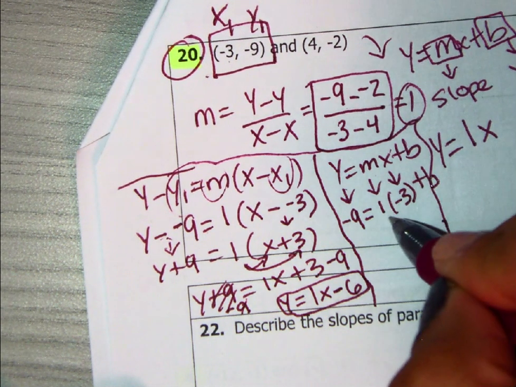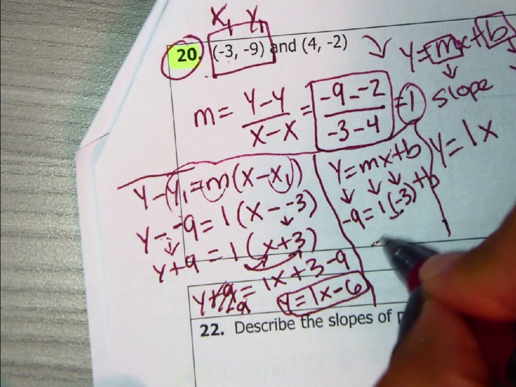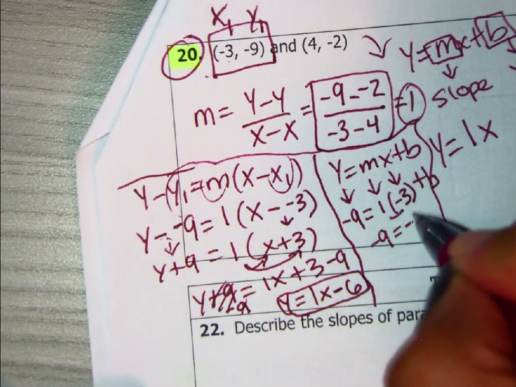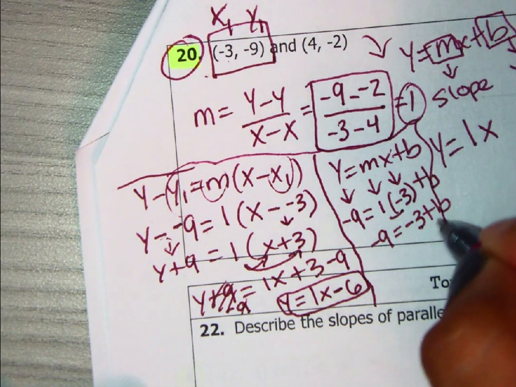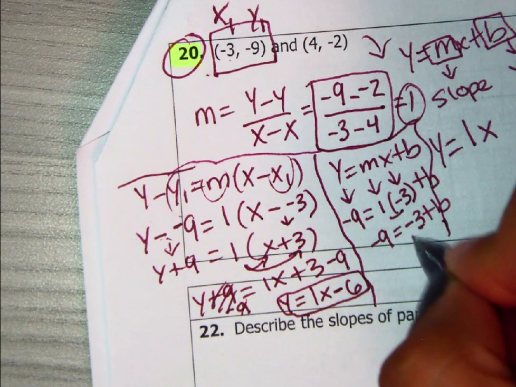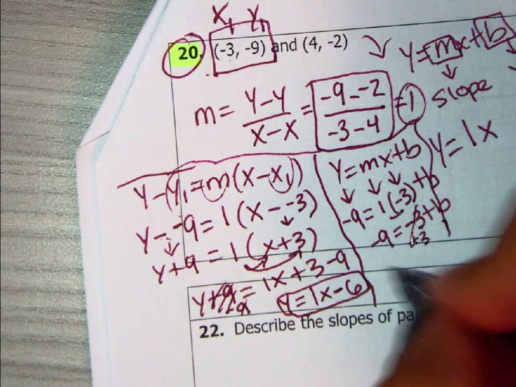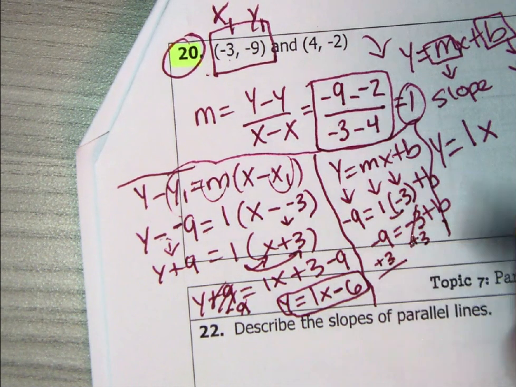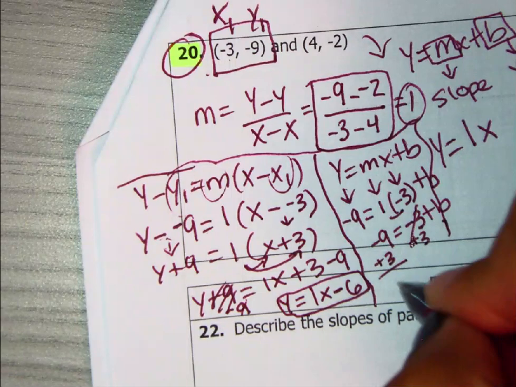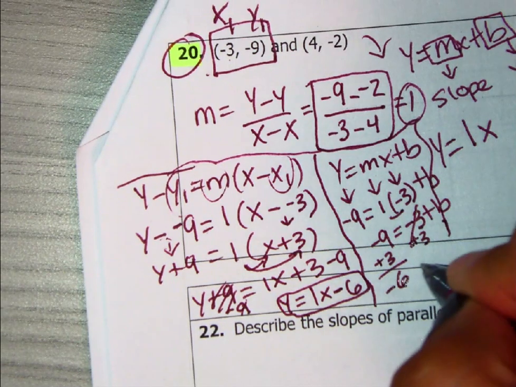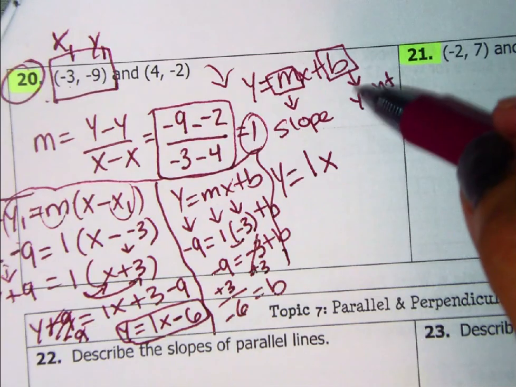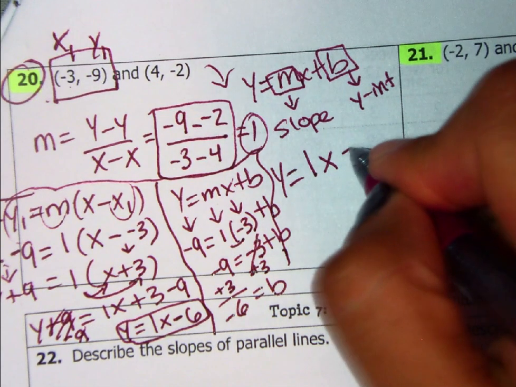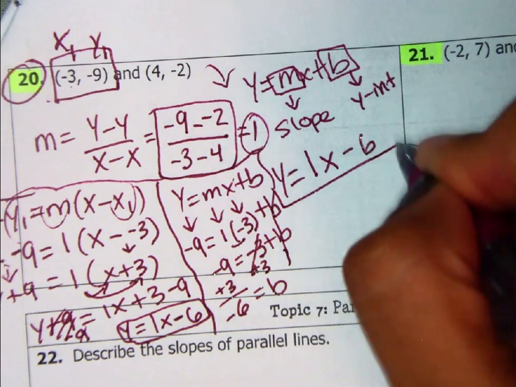We multiplied these 2, and now you have -9 equals -3 plus b. And now we need to isolate the b. So we're going to add 3 to cancel it and add 3 over here. Negative 9 plus 3 is negative 6, and that equals your b, which is what we were looking for here. So that means we just put negative 6, and this is your equation.